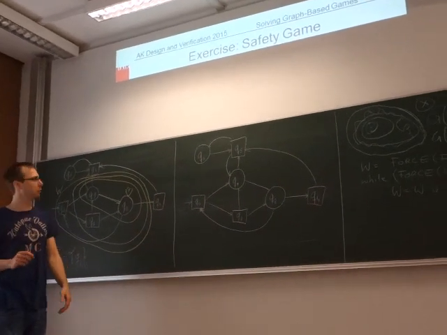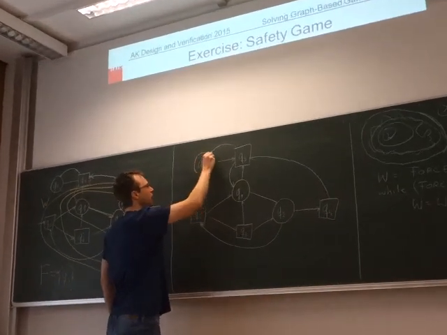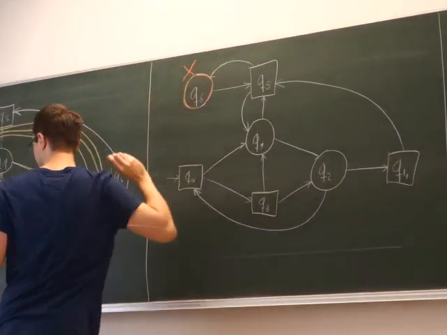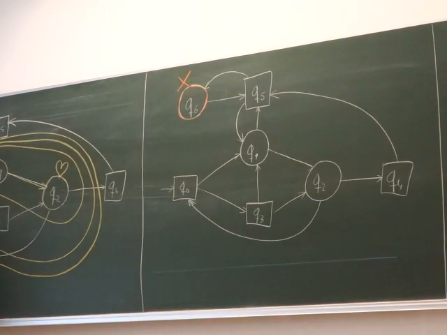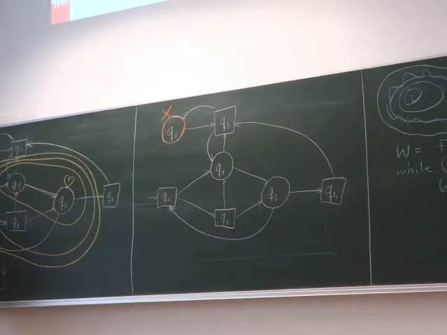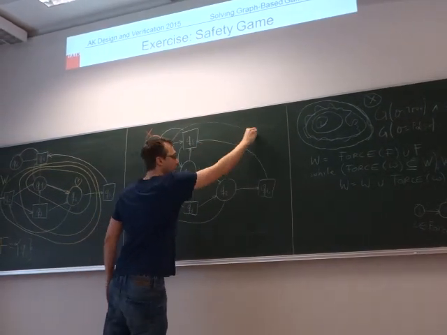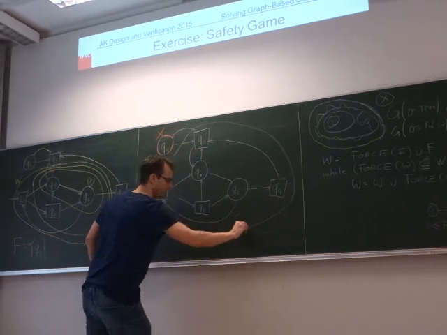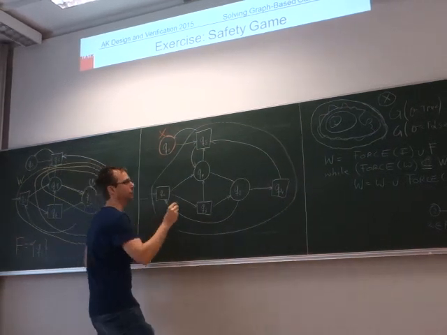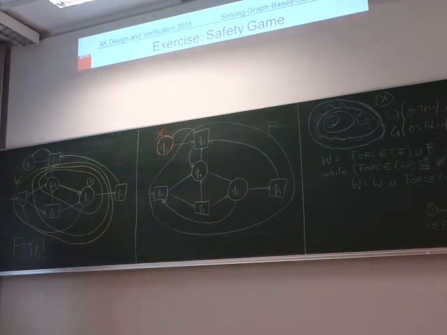We are given this game graph. Now we say that this state here is unsafe. This is the really problematic state that we must never visit, and all the other states, they are safe. This is our region F of safe states.